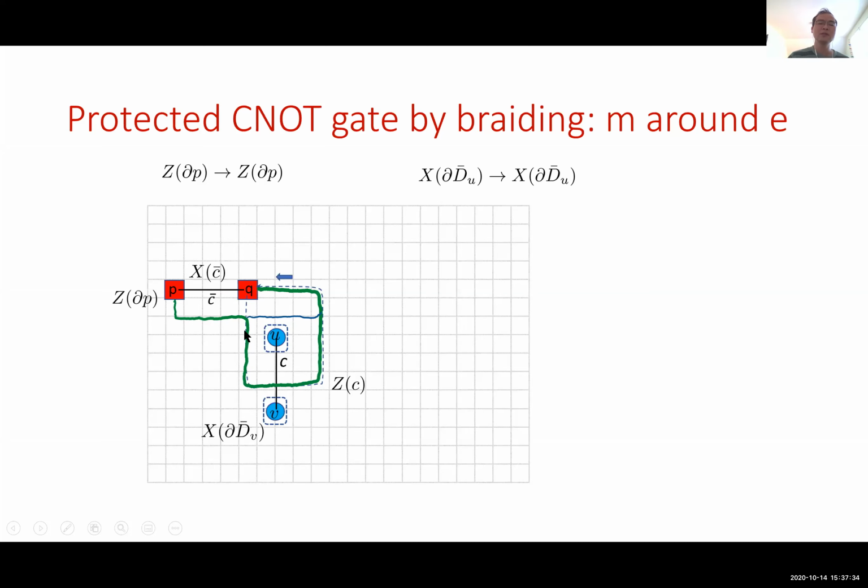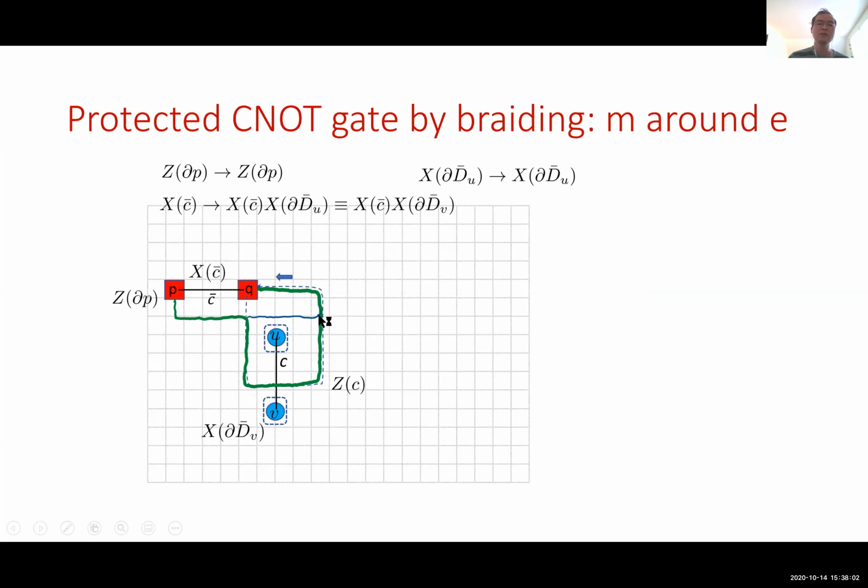It's an X loop around this U. So that means my logical X operator, after braiding around, is deformable to this curve, and a loop around this defect.